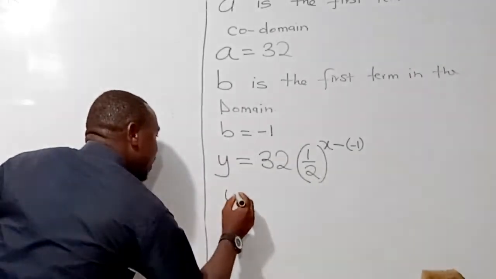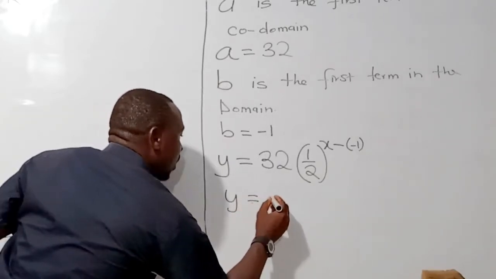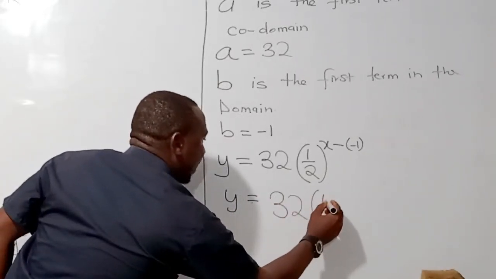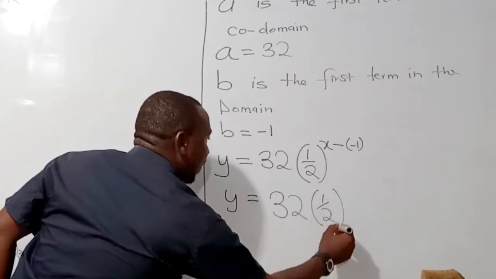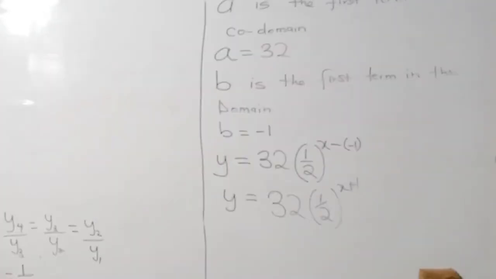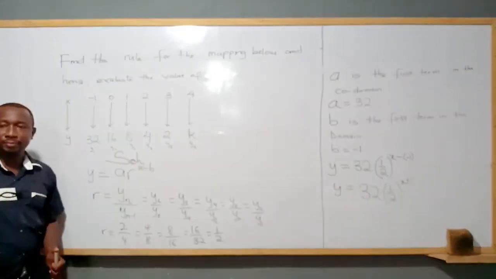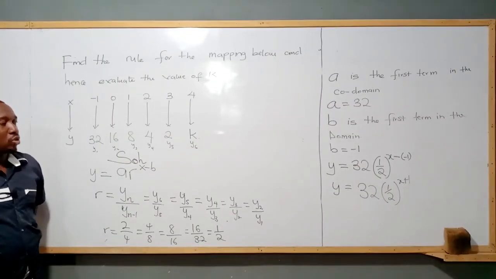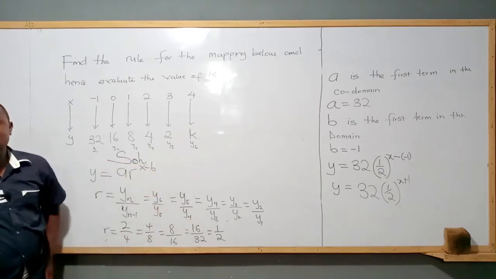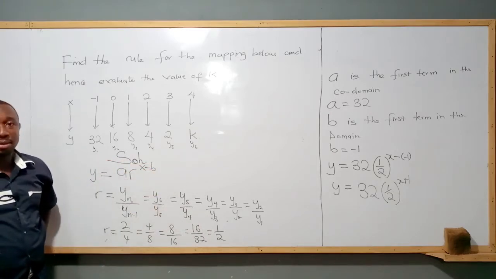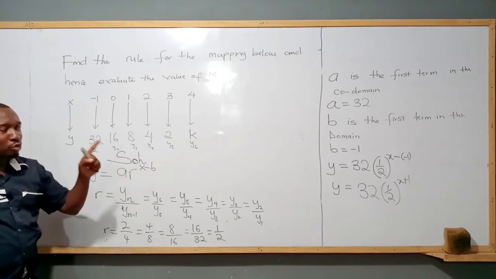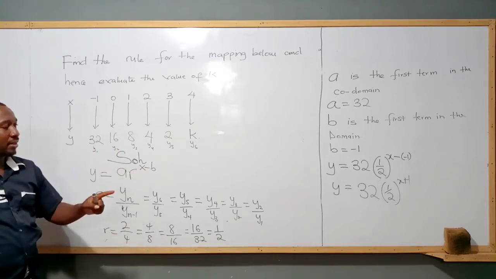So Y will be equal to 32 into bracket here, half, all to the power X plus 1. You can leave this answer as the rule for the mapping.